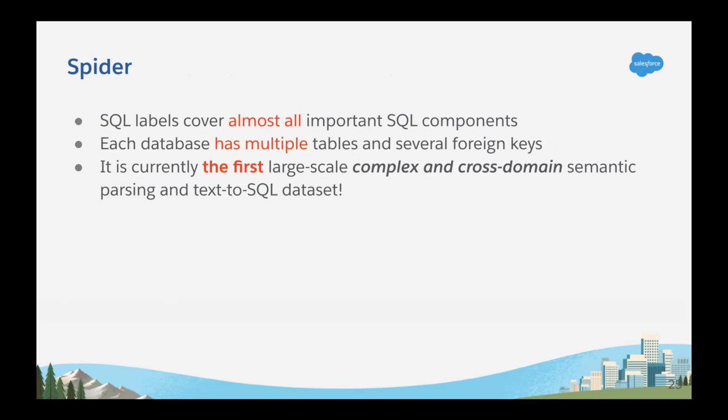So we believe the Spider dataset covers almost all important SQL components. Each database has multiple tables and several foreign keys. That's good because in a real use case, one database will have multiple tables. And third, Spider is the first dataset to cover these three properties: one is large scale, second, it's complex, you have all the complex patterns, and third, it supports cross-domain for generalization.